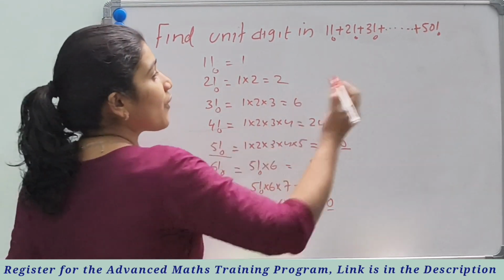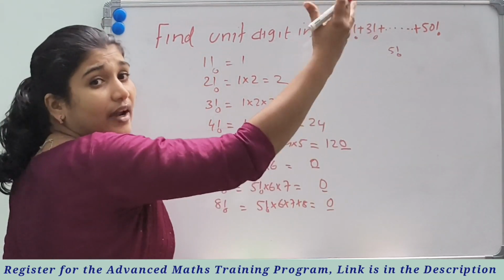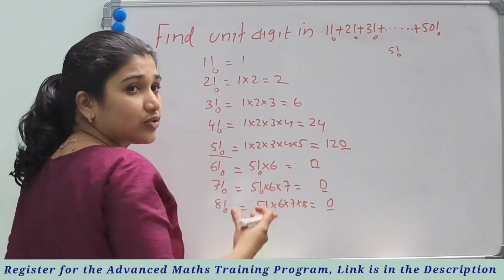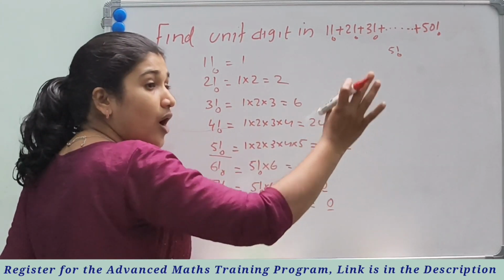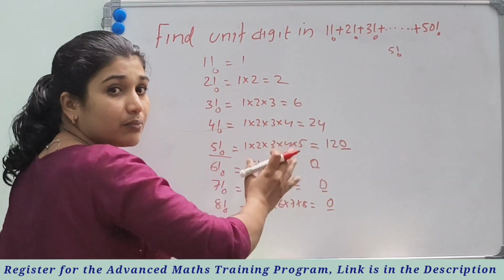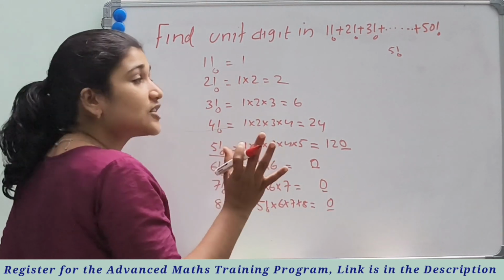Which means from 5 factorial onwards, you can write every factorial in terms of 5 factorial. 50 factorial means 5 factorial into 6 into 7 into up to 50. So 120 into a product of some numbers, which gives unit digit 0.